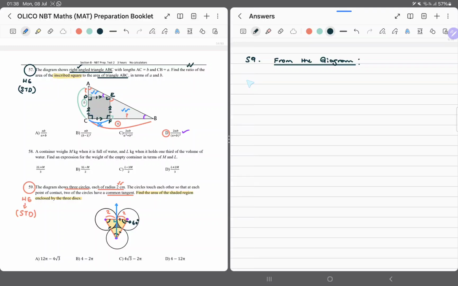So I'm just going to say area of shaded area is equal to the area of the triangle minus the area of the sectors of circles.